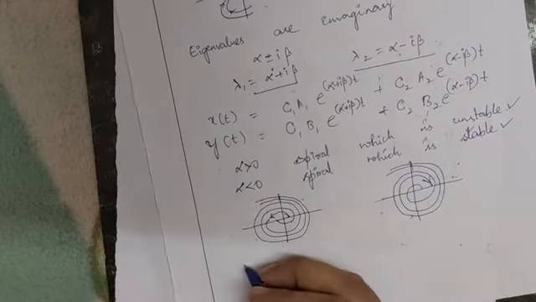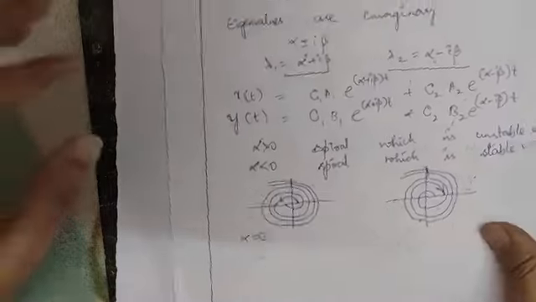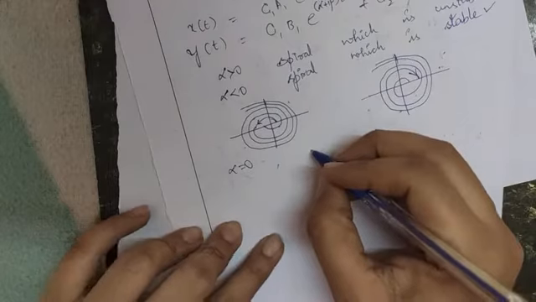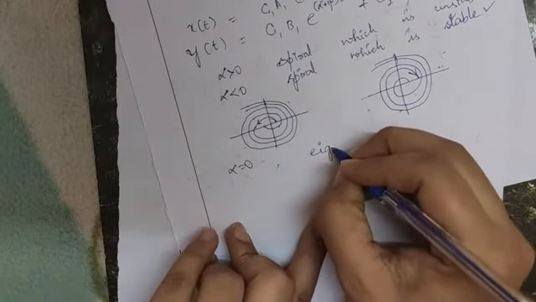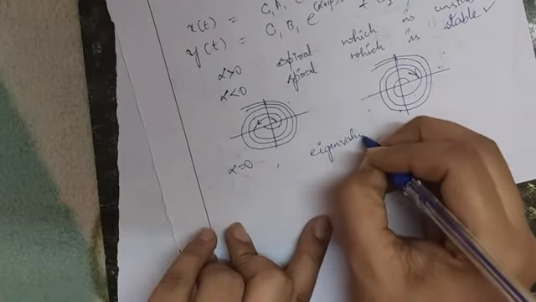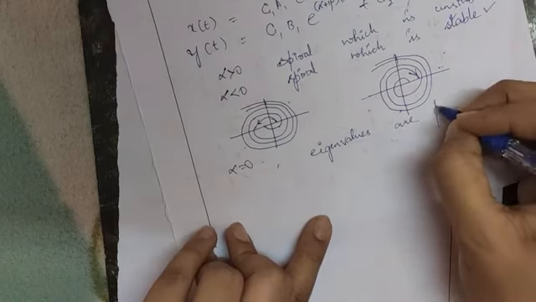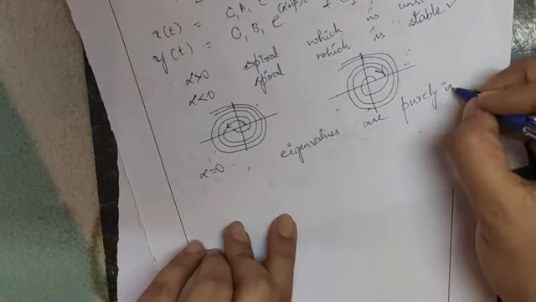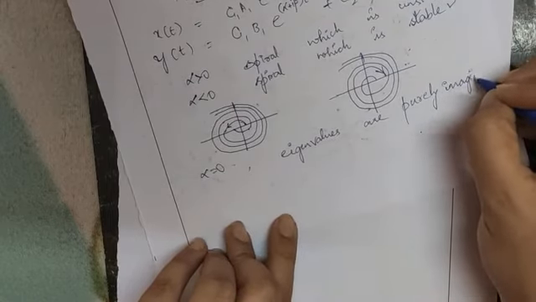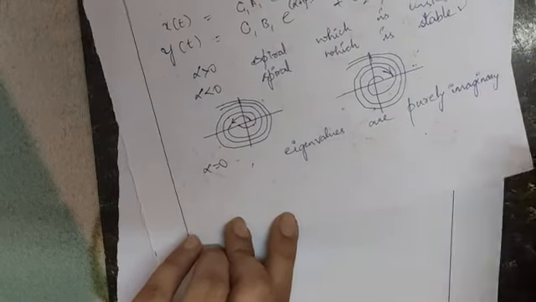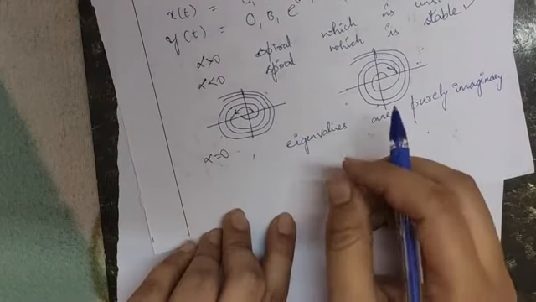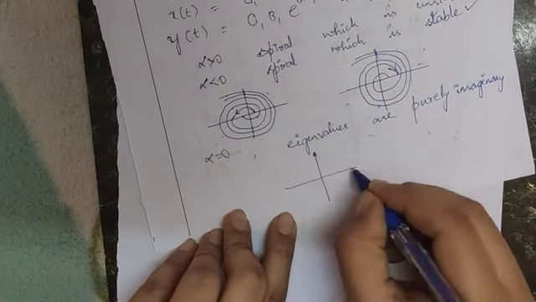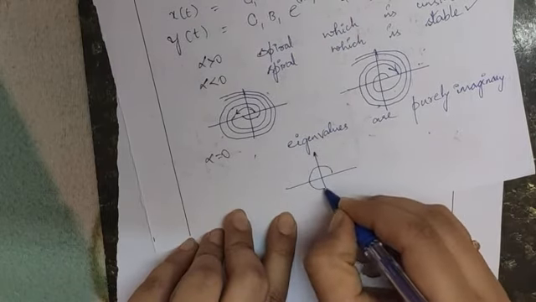So what about the case of alpha equal to 0? If alpha is equal to 0, then your eigenvalues are purely imaginary. That means you will have no real part. If it is purely imaginary, the critical point is called a center and it is stable. So center means I should get a circle.